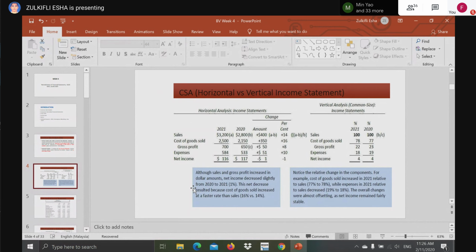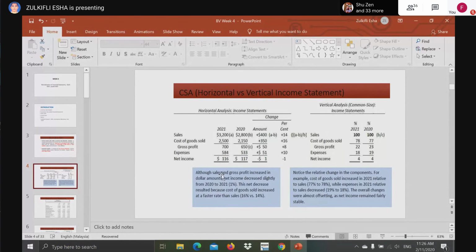This net decrease resulted because cost of goods sold increased at a faster rate than sales. So the cost of goods sold increased by 16%, whereas the net income decreased by, or increased by, 14%.